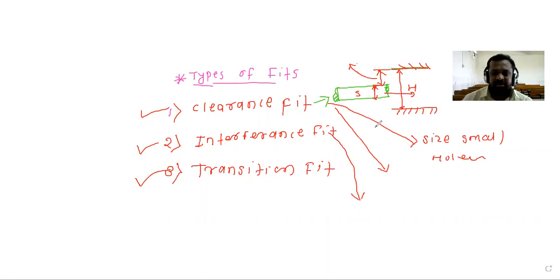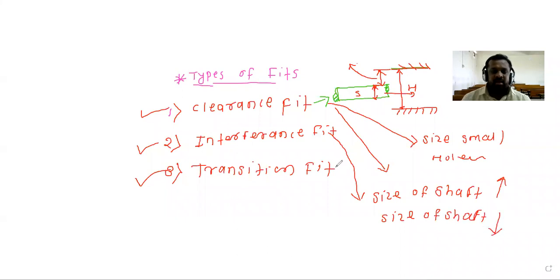You have to just observe this figure. In that interference fit, the size of shaft will be the larger, and the size of hole will be the small. Okay, and it is called as the interference fit.